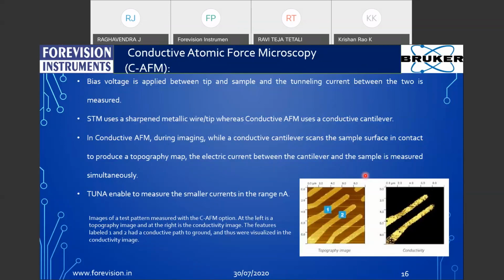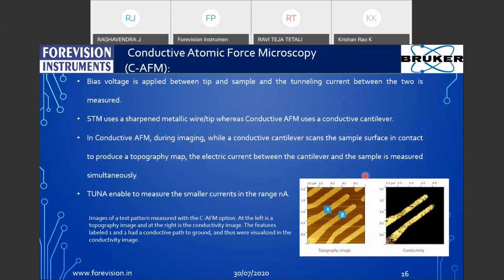And with the QNA technique, which has a high gain lock-in amplifier, you can move this range to nanoampere currents. This is very useful if you are looking at the electrical properties or conductance of your sample, and how the conductance is varying over the topography. You can measure the topography and simultaneously measure the conductive information.